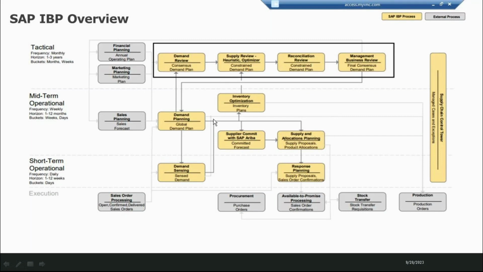Demand planning can be used for short-term, mid-term, and long-term. IO is generally planned for the mid-term. So using SAP IBP, we can cover mid-term, long-term, and short-term planning for any organization.